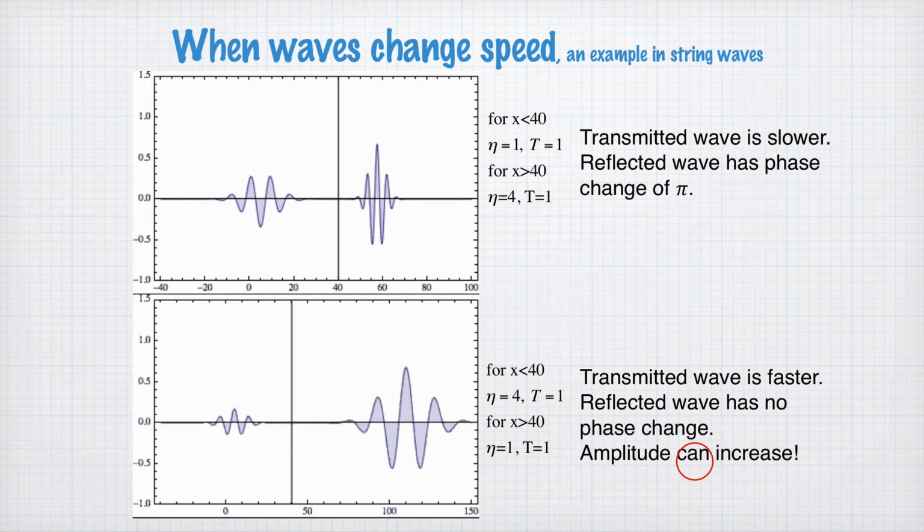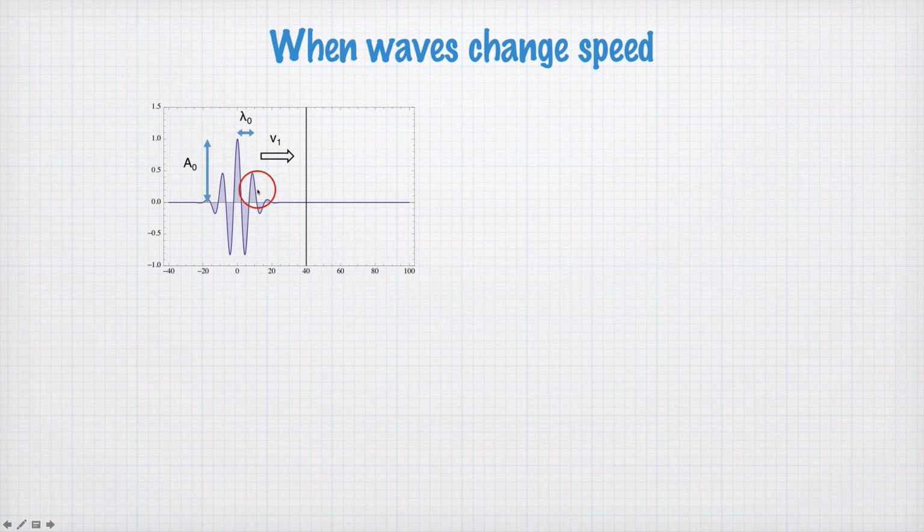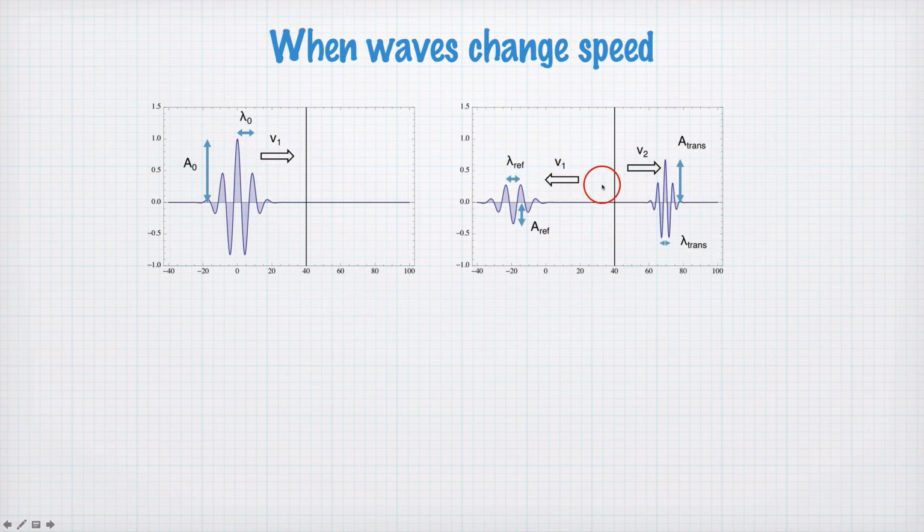In fact, we can write down analytic solutions for how the wavelength and the amplitude of the wave change across the boundary. If we define this as the amplitude, the wavelength as the distance between the peaks, and some initial velocity, then on reflection the velocity on this side is the same, so v1, just in the opposite direction. We have some reflected wavelength, some reflected amplitude.